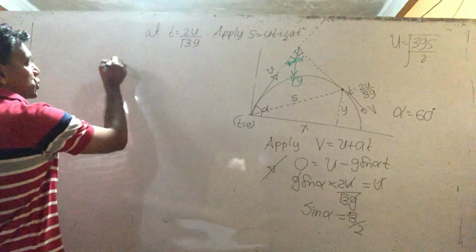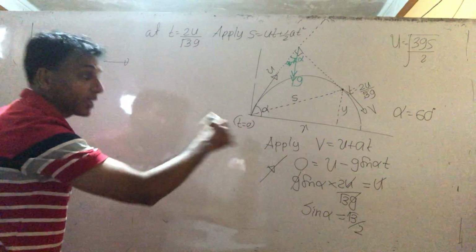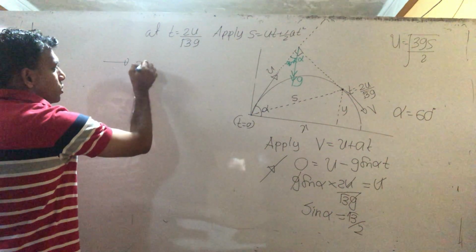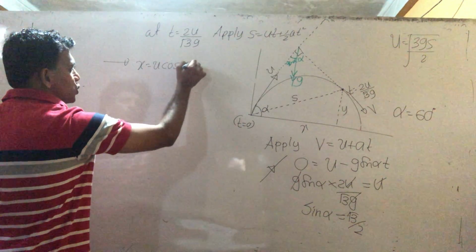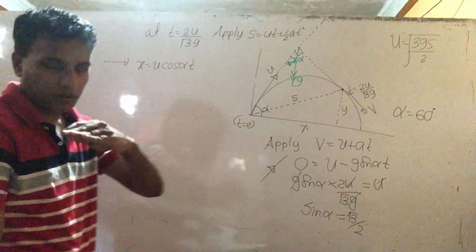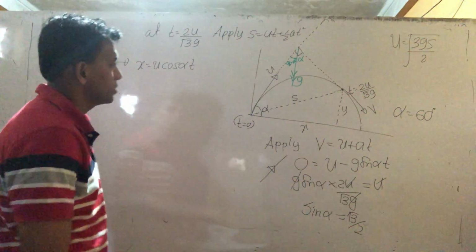So if I apply horizontally, displacement x equal u cos alpha into t. X, projectile, no horizontal acceleration. So what is that?